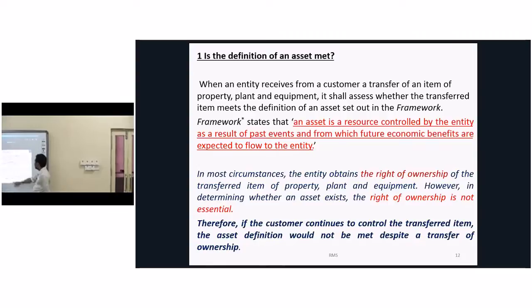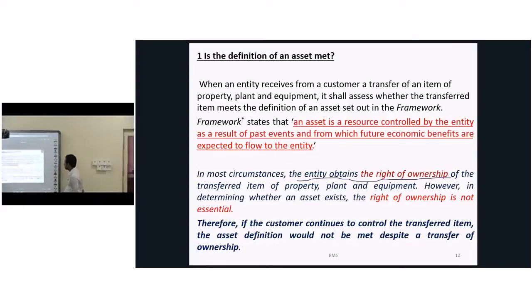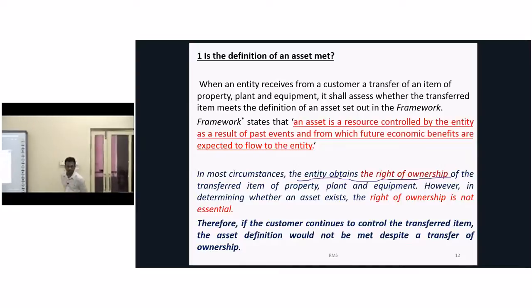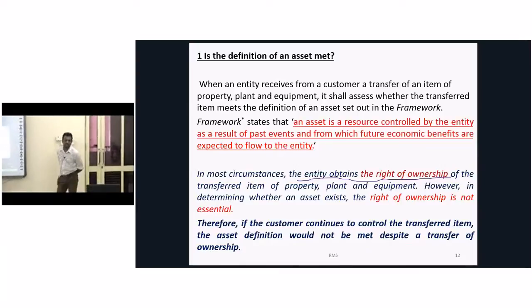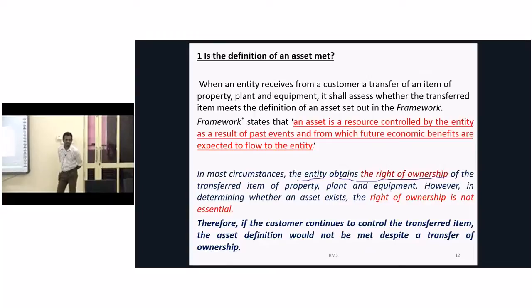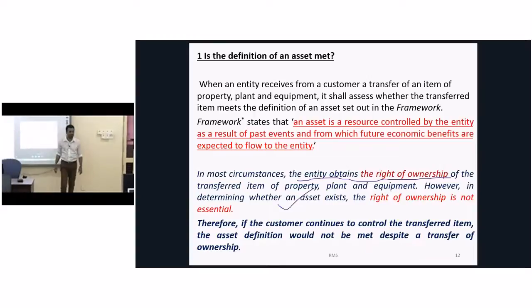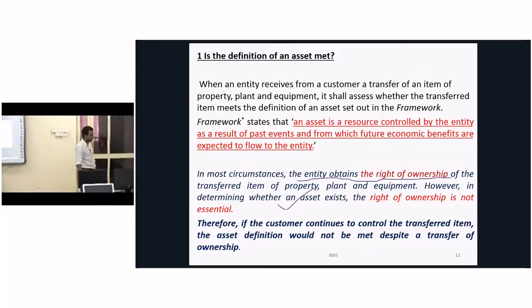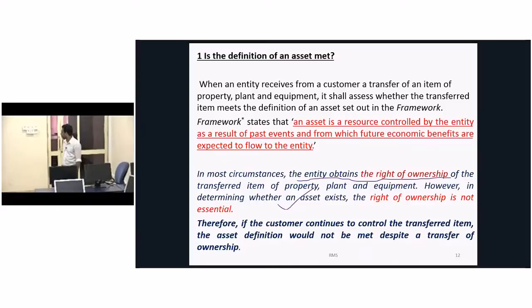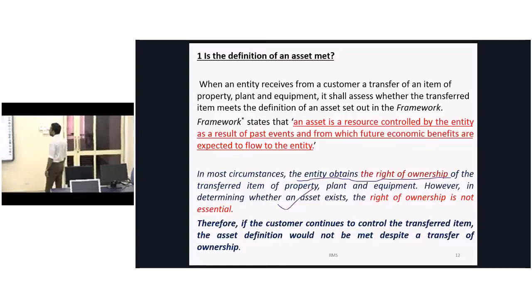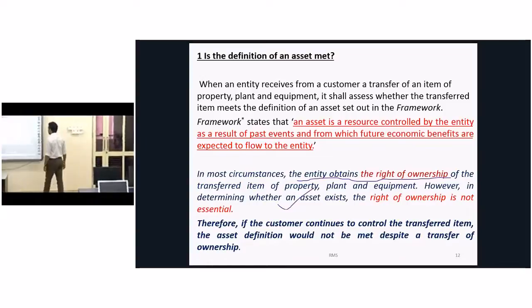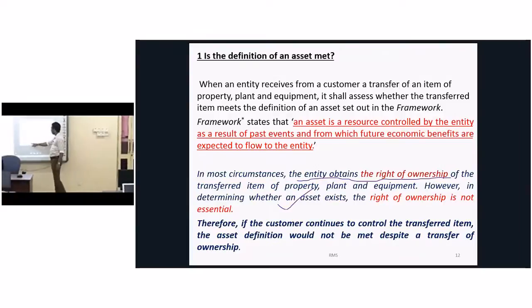In most cases, the entity will get the ownership, but ownership is not an essential condition to recognize an asset. But every time, the controllability will be with whom? With the company. Therefore, I explained this point already. On the receiver's side, this kind of asset will be recognized as an asset because all conditions are met.